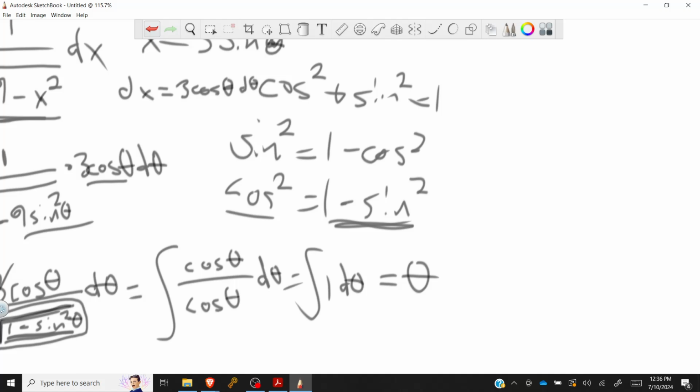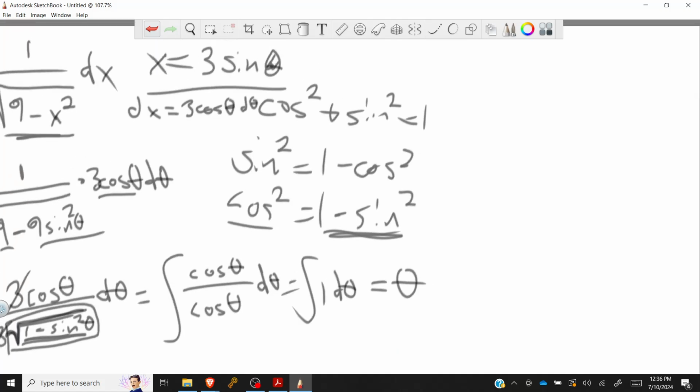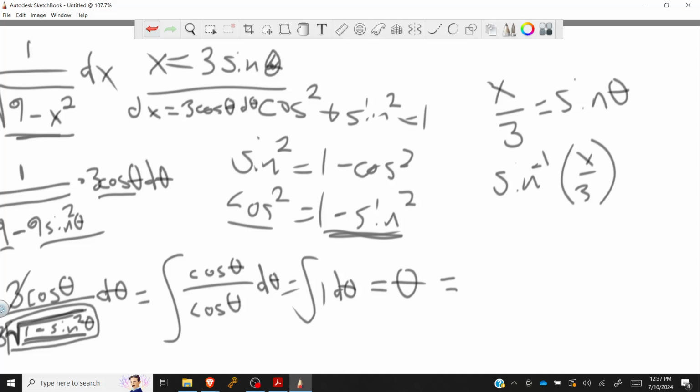And now we'll have to do the substitution backwards. So if we set up this equation, divide 3 on both sides, we get x over 3 equals sine theta. Let's take the inverse sine of both sides. Inverse sine of sine just cancels out and gives us theta.